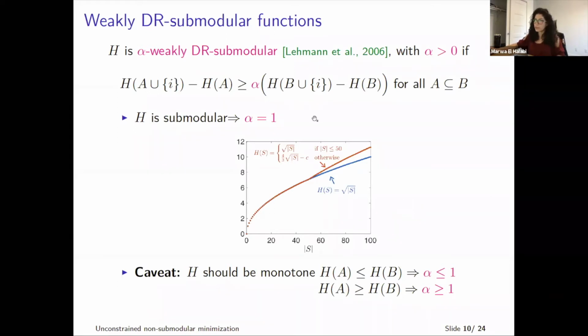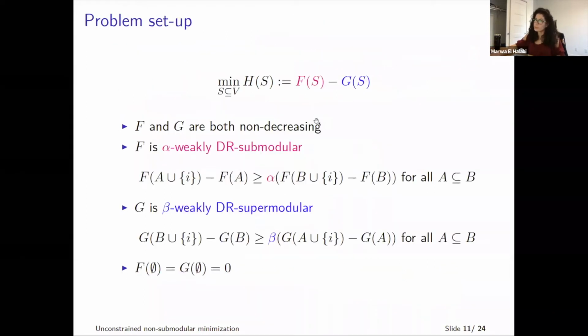So instead of directly assuming this property, I'm going to assume something that may seem weird the first time you see it, but I'll show that it is actually general. I'll assume that the objective function can be decomposed into two functions, f and g, both non-decreasing. f is approximately submodular, so alpha weakly DR submodular, satisfying the inequality I just showed you.